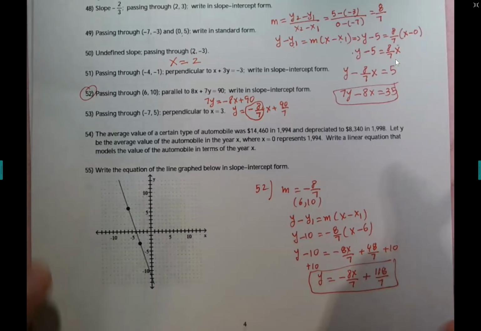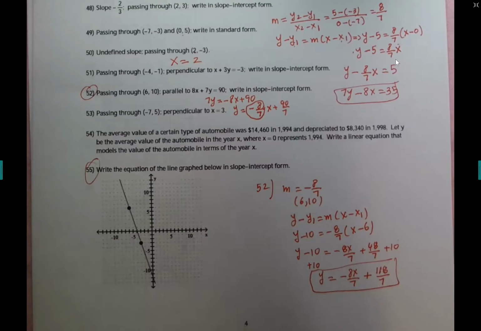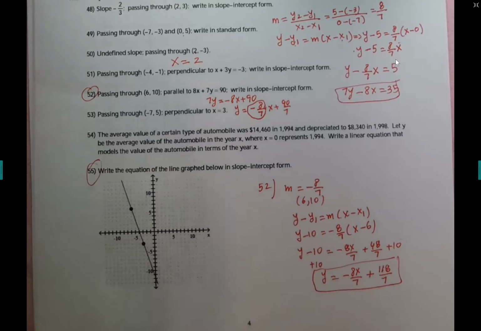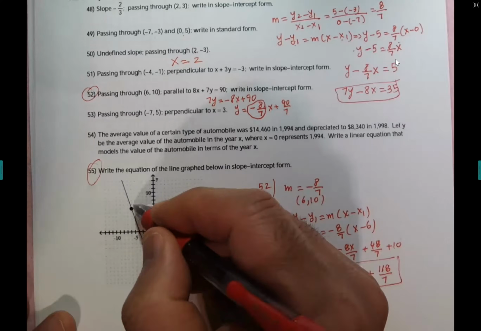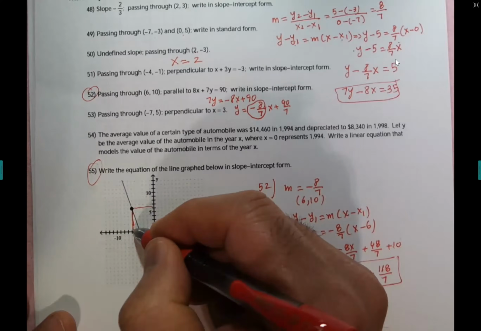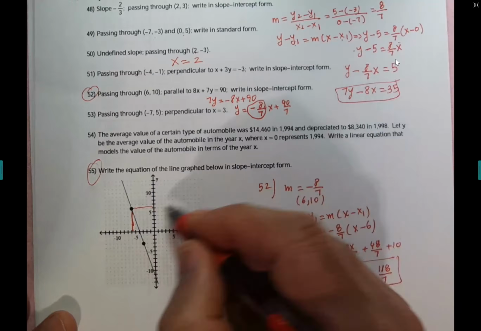What about 55? Write the equation of the line graphed below in slope-intercept form. Okay, well, he gives you 2 points. So he gives you the hint, guys, that you have to pick up the 2 points. The first point is this. You have to be able to read it. So what would that be?